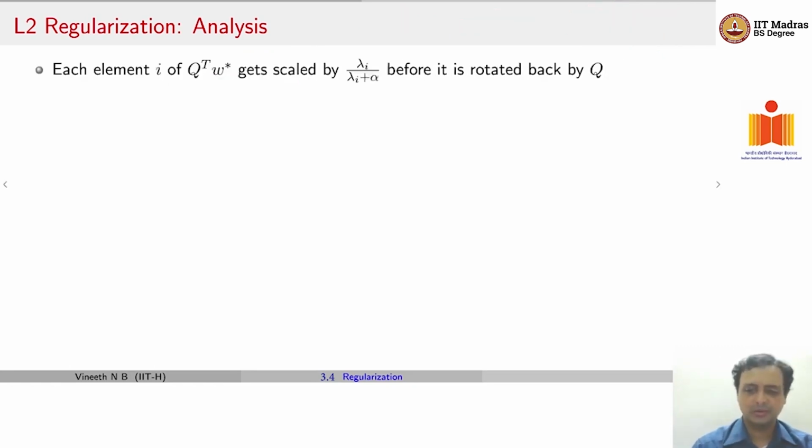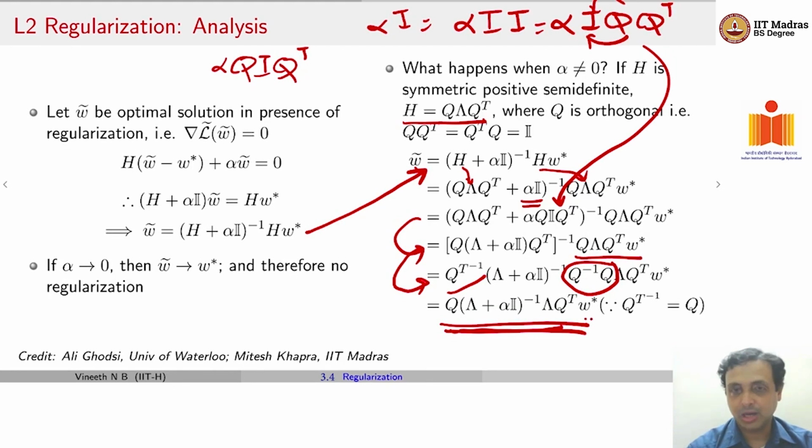If you observe here, you first take W star, multiply it by a matrix Q transpose, which is equivalent to doing some transformation on W star. And after you do that, you are multiplying by this term here. Remember, lambda is a diagonal matrix. Whenever you have a decomposition such as this, lambda will be a diagonal matrix.